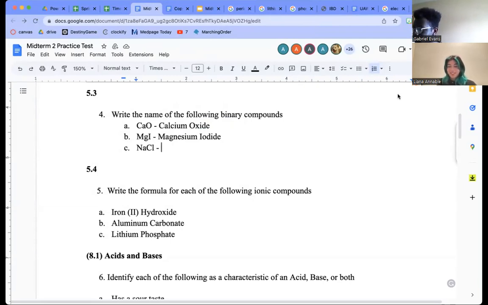Yeah, sodium chloride, also known as table salt. Exactly. And another thing, they all end in "ide." That's like the defining factor, essentially.